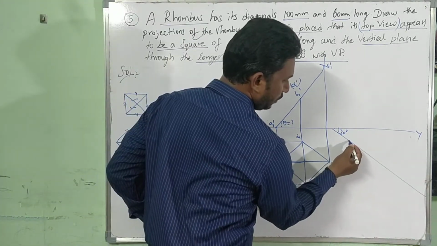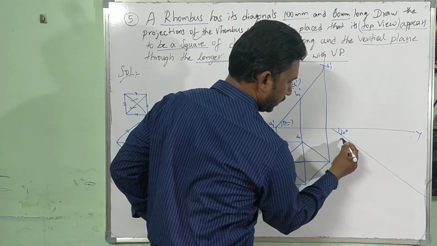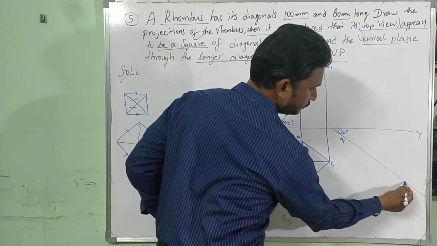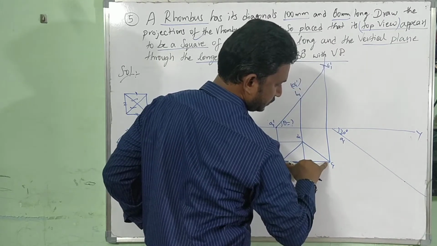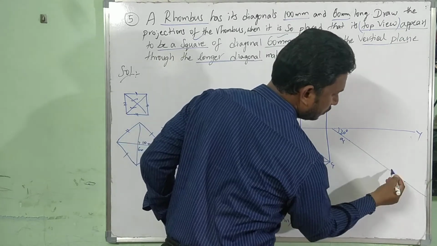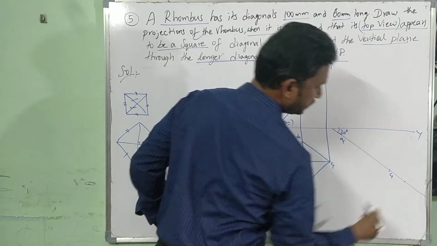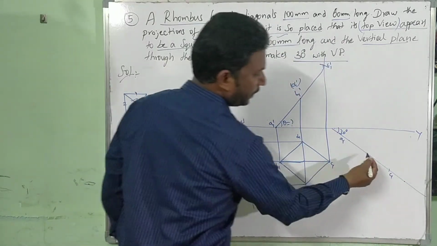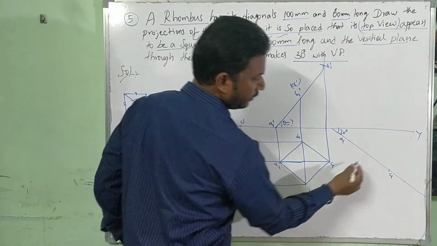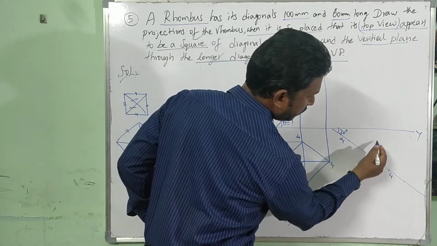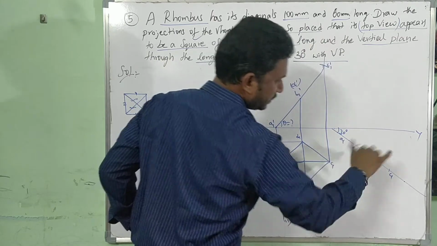Now from here, plot any point, try to put it A1, some distance, cut it for C1. Now same way, perpendicular bisector you can draw easily, right? So that you can draw B1 D1. I am taking the middle point, same distance.